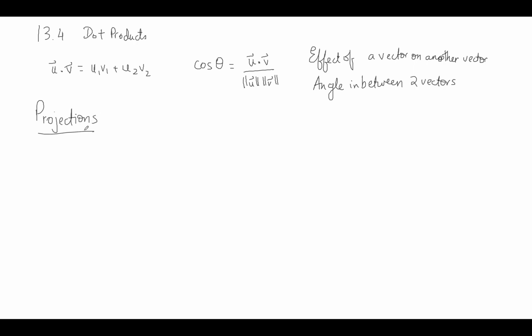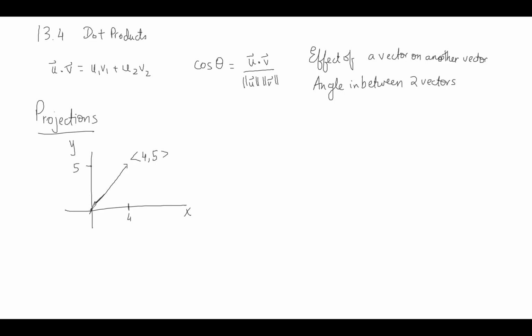So projections, let's think of a really simple example of this. If you have the x and y plane, and you have a vector in it, let's say this is the vector going this way, it goes up to the point (4, 5). So this vector would be (4, 5).